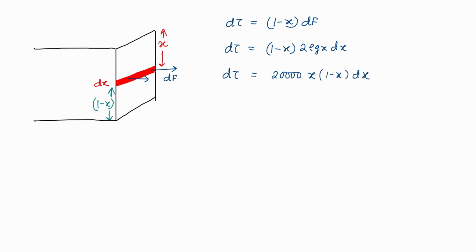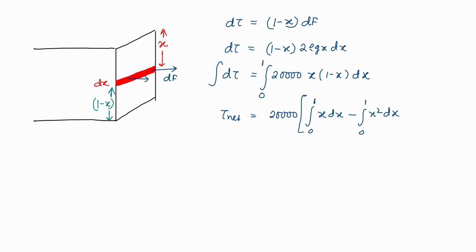If we integrate this expression, we will be able to calculate the net torque acting about the base or the bottom of the vessel. The limit of integration is from 0 to 1, so the net torque is 20,000 times the integration of x dx minus the integration of x square dx, from 0 to 1.